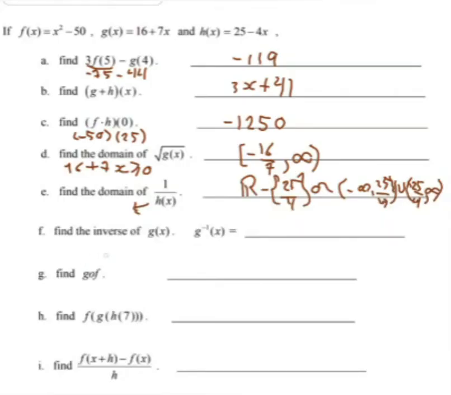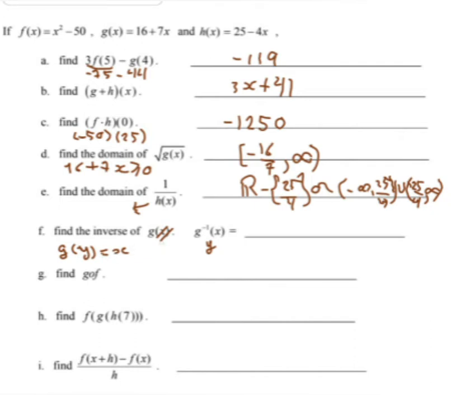F. Find the inverse of g. g inverse of x is what? So let's write g inverse of x is equal to y. Then g of y is x. g of y is x, then y is g inverse of x.